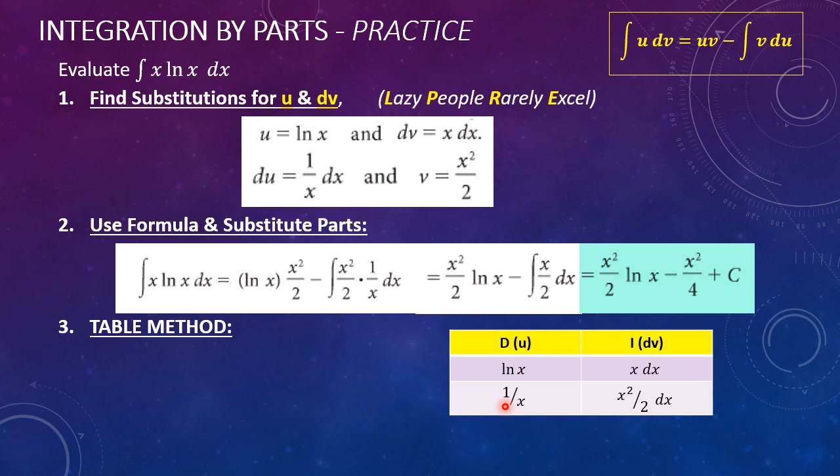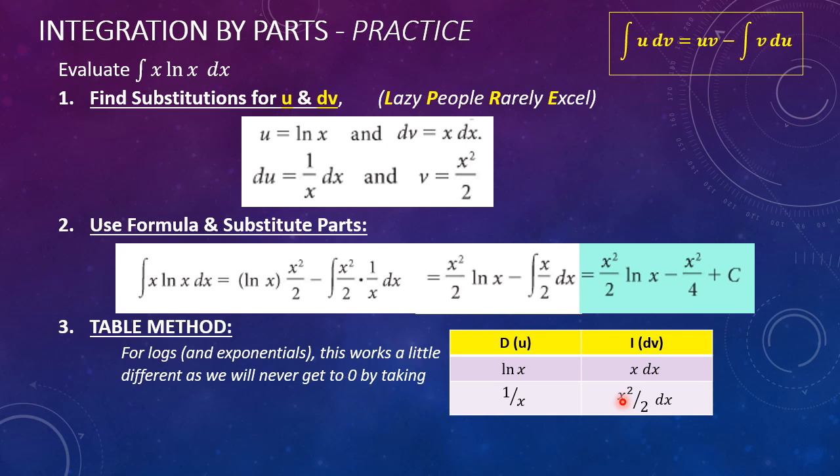So technically you can use the table method even when the derivatives won't go to 0. Wherever you stop the table, you're going to integrate the last row. So when we do logs, we stop when the log is gone, and we integrate the last row.